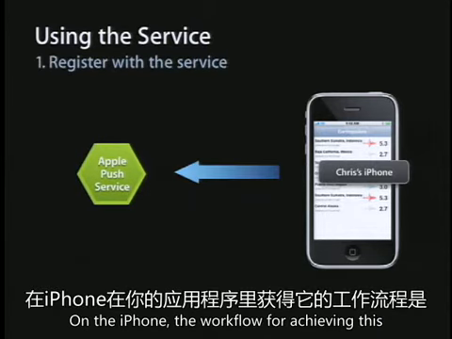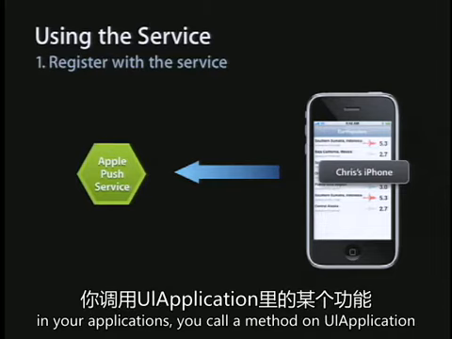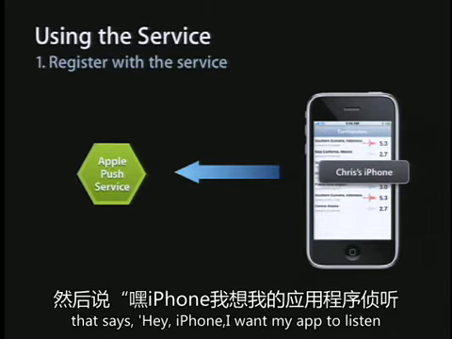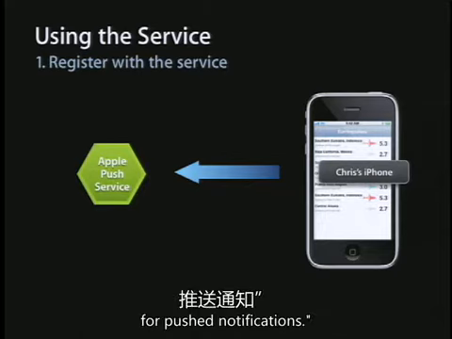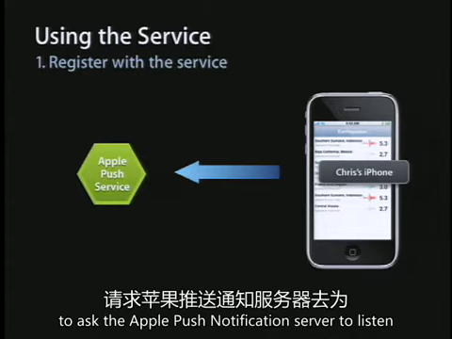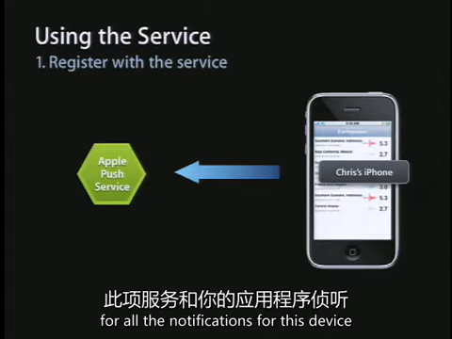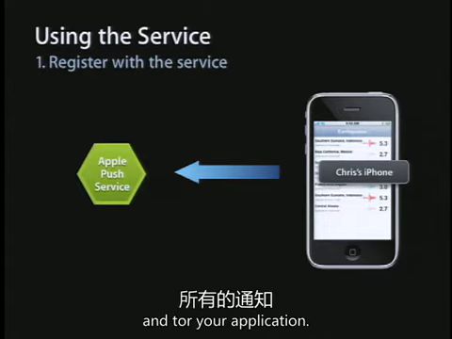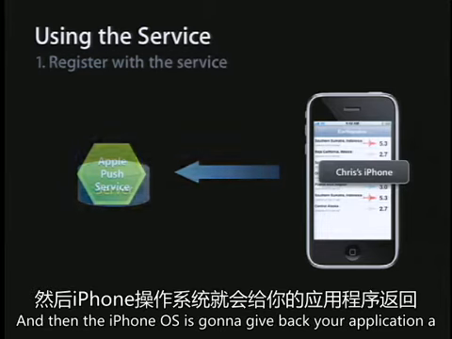On the iPhone, the workflow for achieving this in your application is you call a method on UIApplication that says, hey iPhone, I want my app to listen for push notifications. And that tells the iPhone to ask the Apple push notification server to listen for all notifications for this device and for your application.